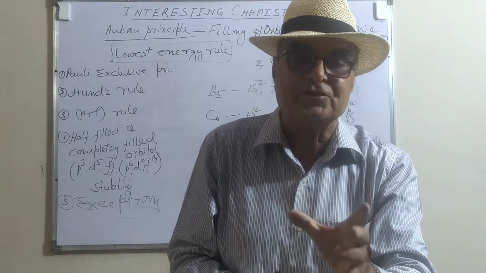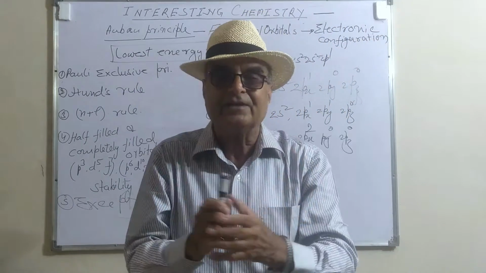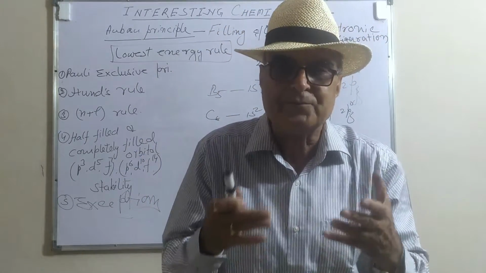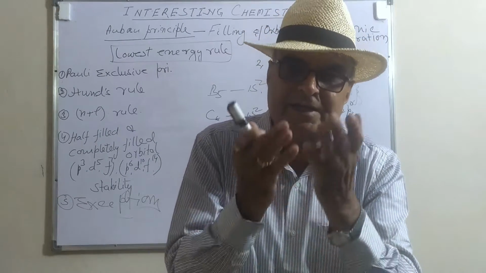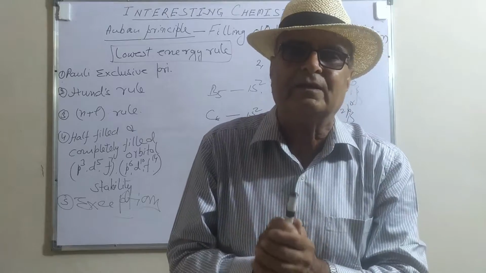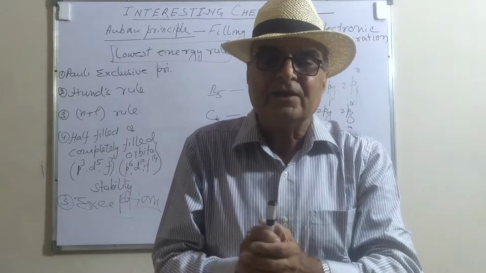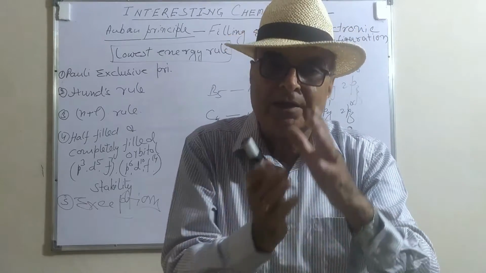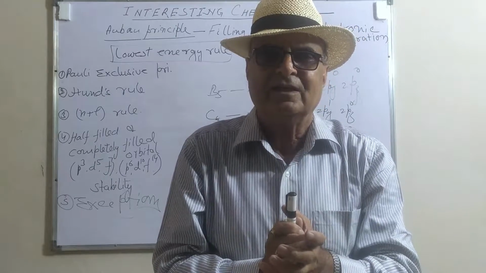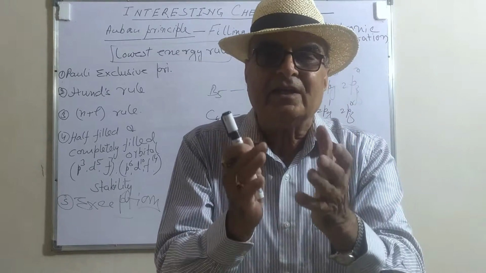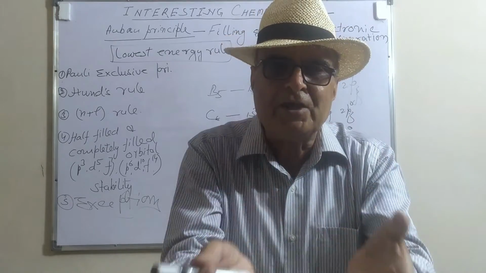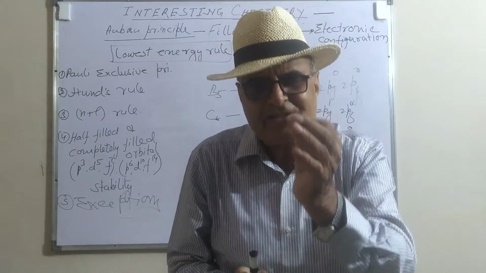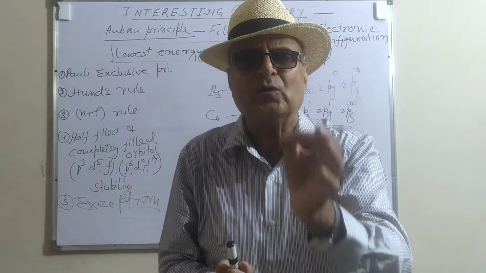Again, listen to me. I am saying that no pairing of electrons in an orbital takes place until each orbital of the same subshell has got one electron each.